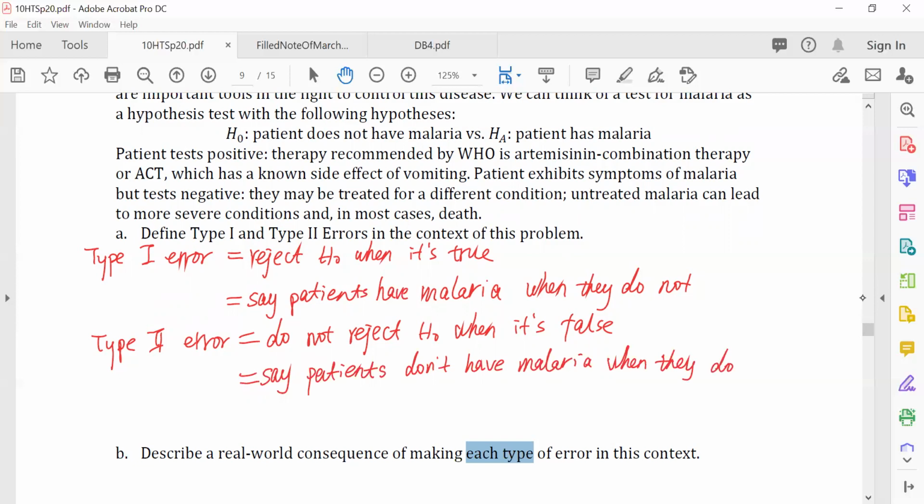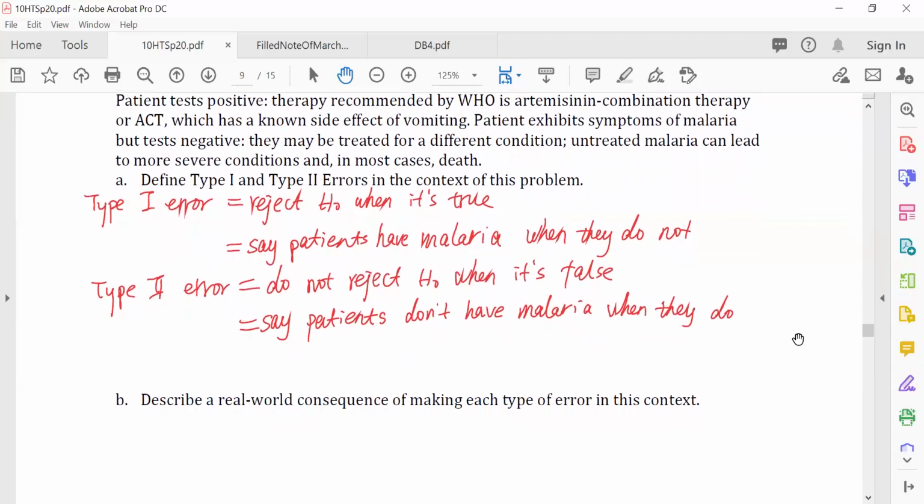Now, in this scenario, which one do you think is more severe? If we make a type 1 error, we say the patient has malaria, but in fact they do not. So the patient will be treated for the disease that they do not have.